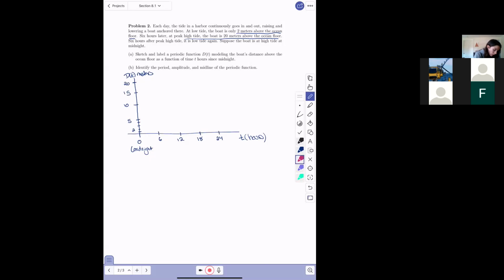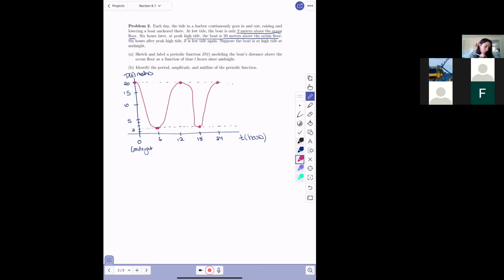So at midnight, we're at 20. And then 6 hours later, we're at low tide, so we're at 2. And if I just draw a dotted line, excuse my not straight lines. After we reach low tide at hour 6, at hour 12, we'll reach high tide again. Then at hour 18, we'll be at low tide, and at hour 24, we'll be at high tide. So we could connect our graph like this.